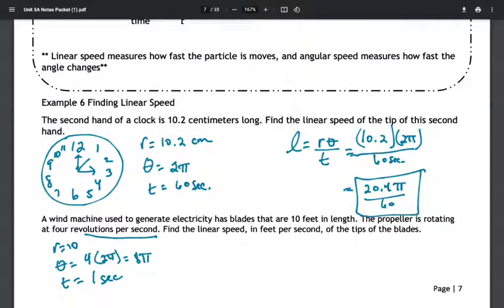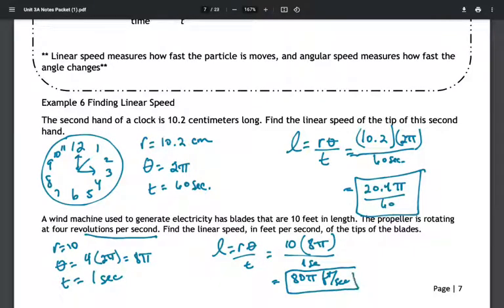Okay, so we can use our formula. The radius is 10, the angle is 8 pi, and it takes me 1 second to do that. So that's 80 pi, and then my units for that would be in feet per second.